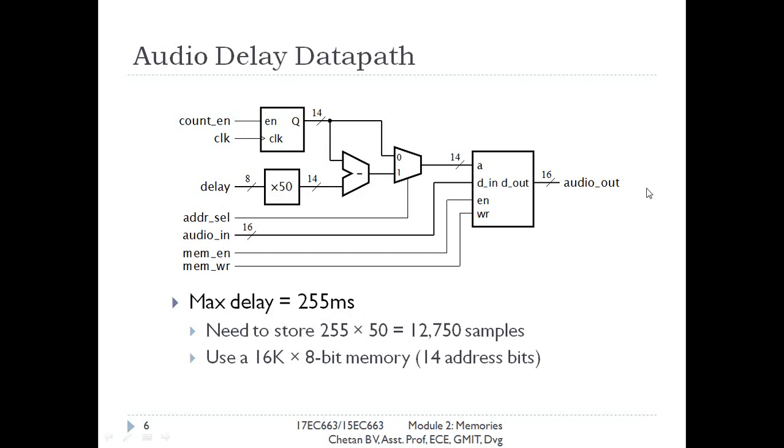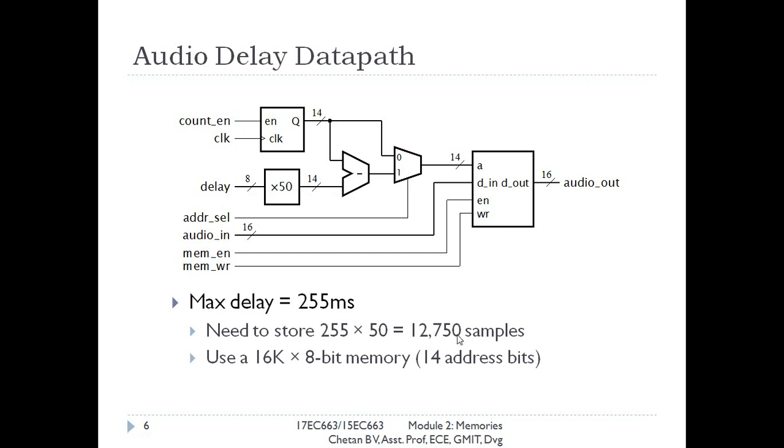Coming to the storage capacity of this memory component, we know that the maximum delay is 255, because delay is an 8-bit input. Using an 8-bit input, you can achieve 255 milliseconds delay. So when you multiply this 255 with 50, what you get here is about 12750.